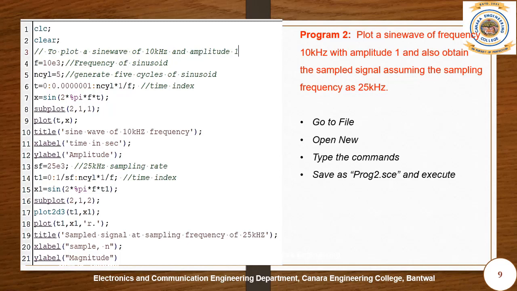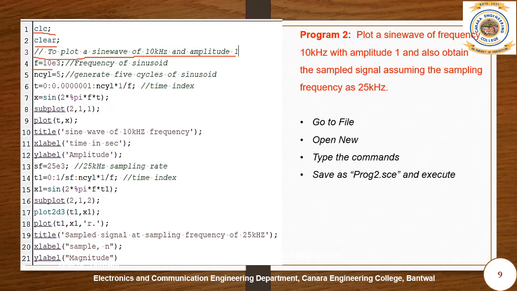Let us discuss the statements to execute program 2. The moment I write clc and execute, it will clear the console window. The clear statement will clear all the values assigned to the variables earlier. Then there is a comment statement wherein a layman can understand what exactly I am going to do in this program.